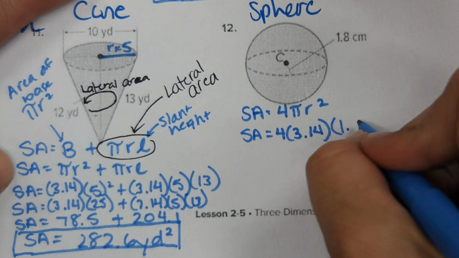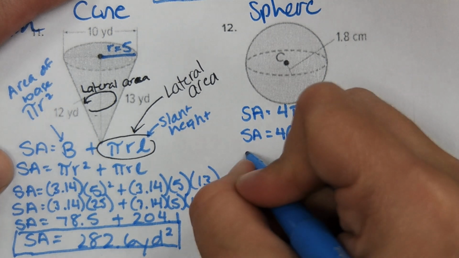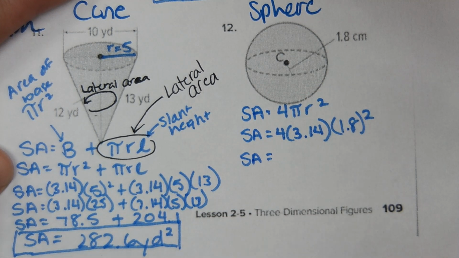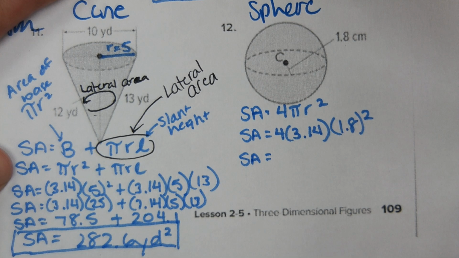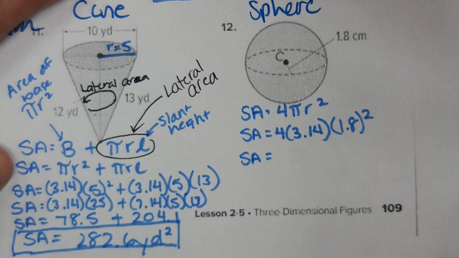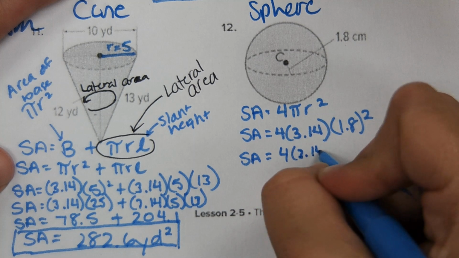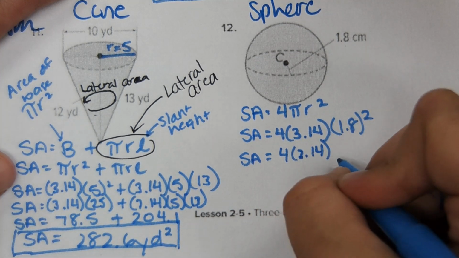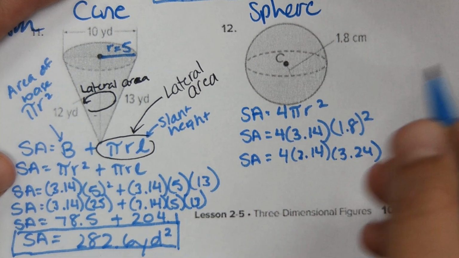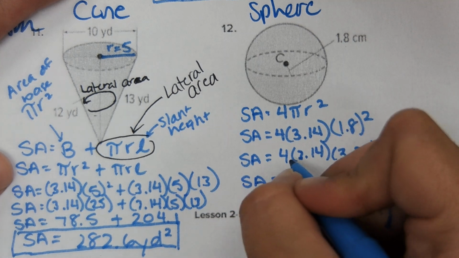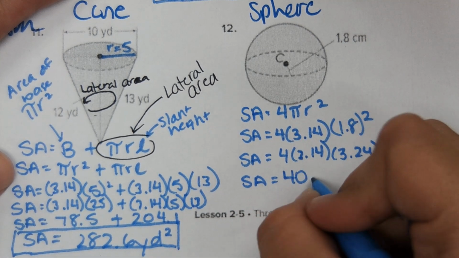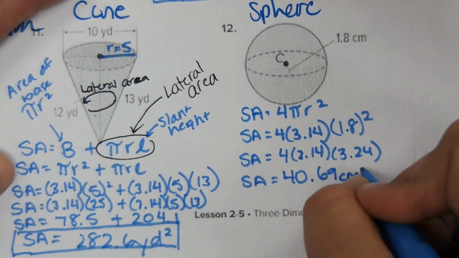Shows the radius is 1.8 squared. And bring this down. You have to make sure to do the exponent first. So you get 3.24. And then multiply these three numbers, we get 40.69 centimeters squared.